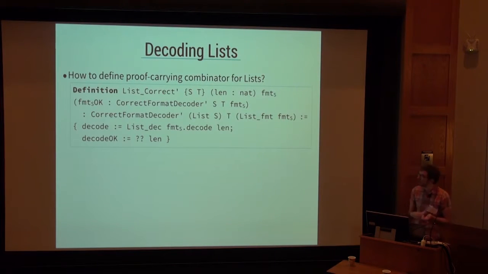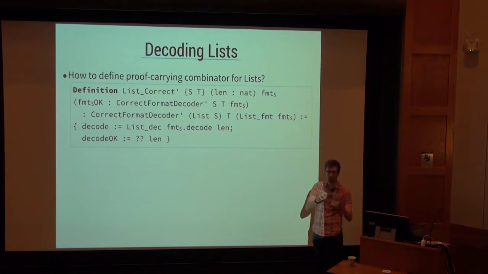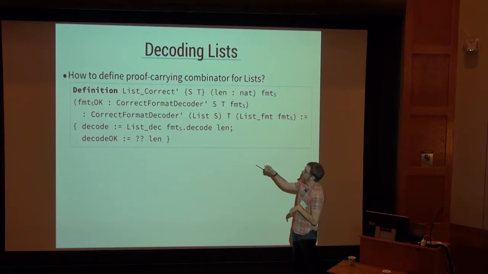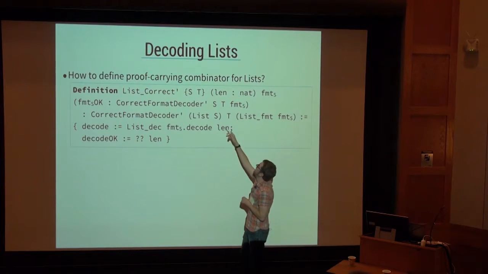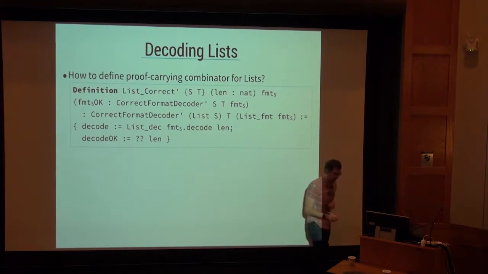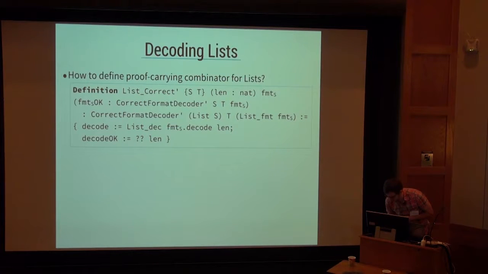But let's consider how this might work for the combinator for lists now. So let's look at this definition. I've done a couple of tweaks to this package. Recognizing the fact that the format and the source type are sort of out of sync now, I'm going to make the format a parameter of the combinator definition.